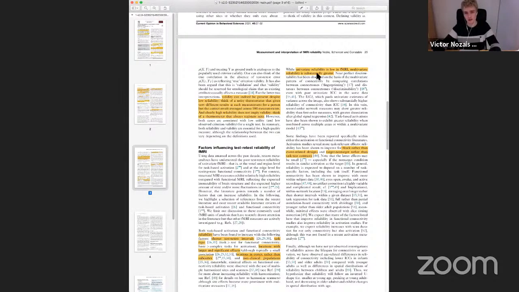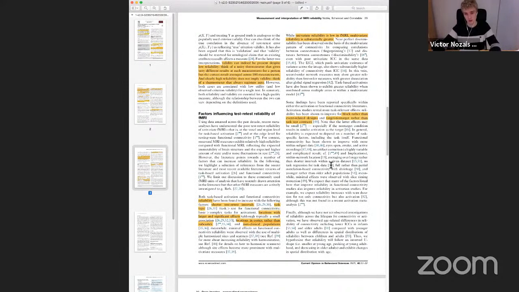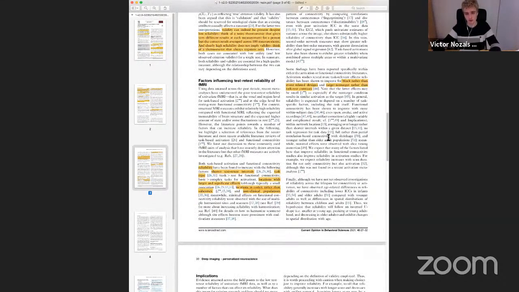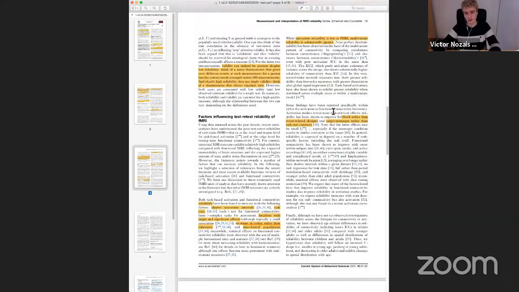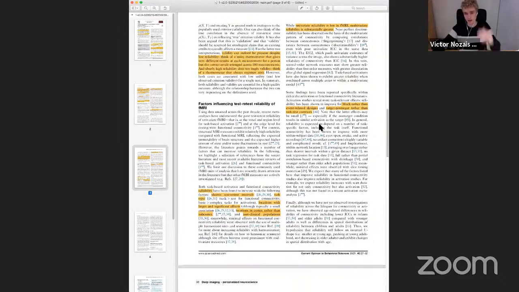Well, they are listing once again here, on these multiple paragraphs, what are the studies that have the best and the worst kind of reliability with these retests. For example, here they say the one with on task activation studies, block is better than event-related designs, target, non-target better than task rest contrasts, etc., etc.